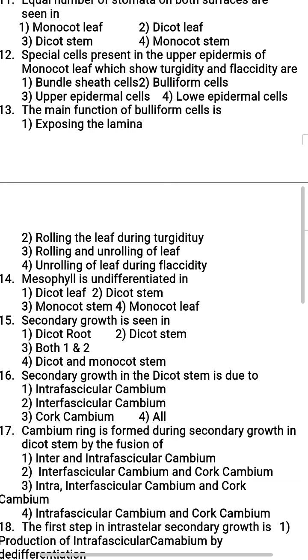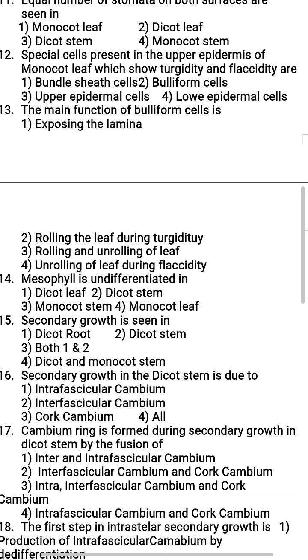When they absorb water and are turgid, the leaf surface is exposed, because they are absorbing the water, right? Then when they are flaccid due to water stress, it means when there is a scarcity of water, at that time the leaves curl inwards to minimize the water loss. So they roll as well as unroll. Is it clear? Then next question, 14th question.